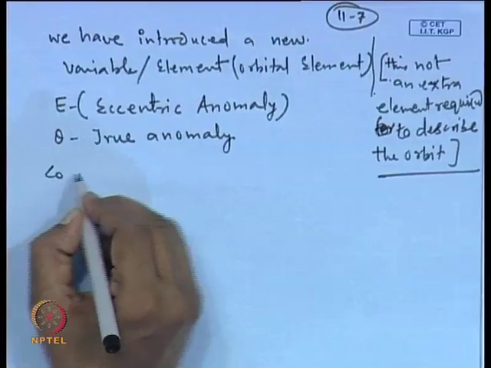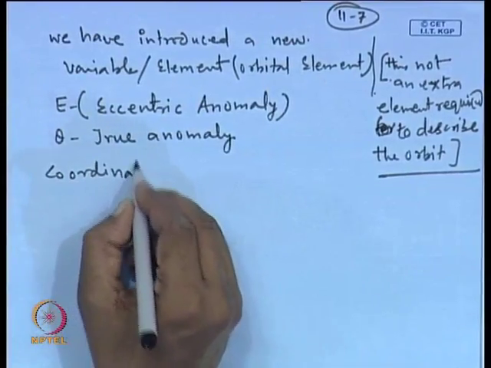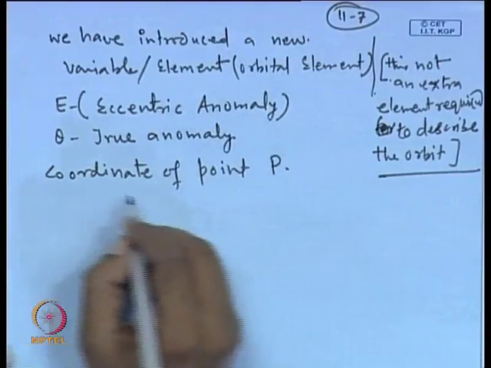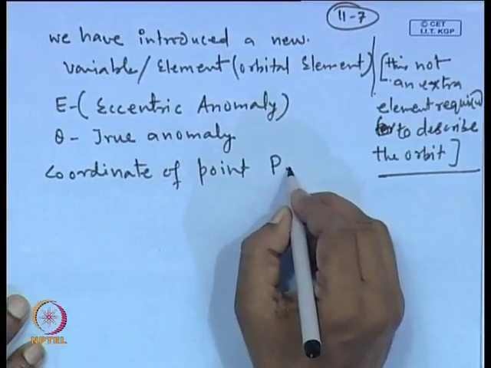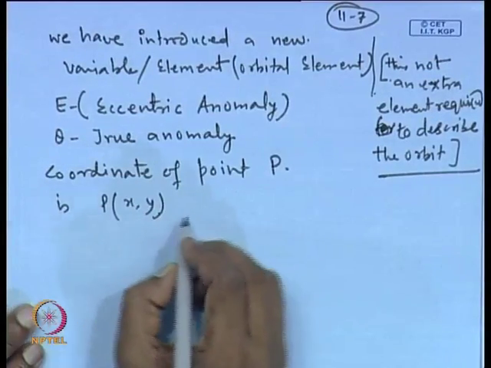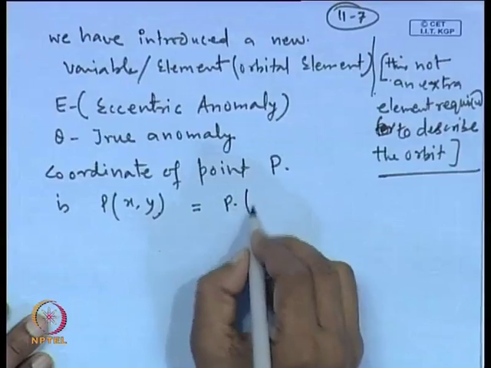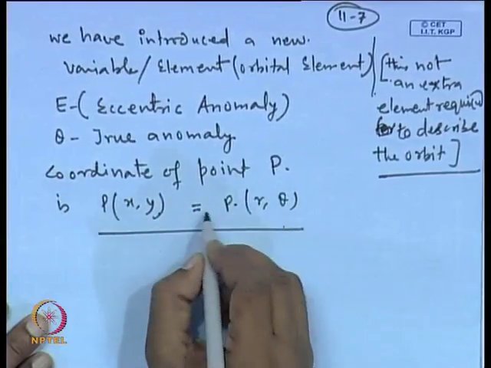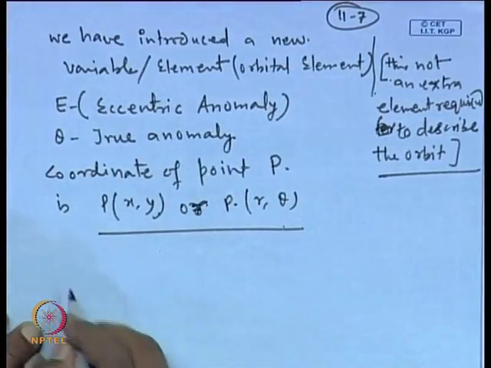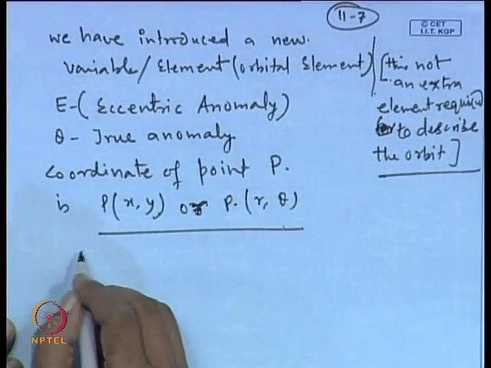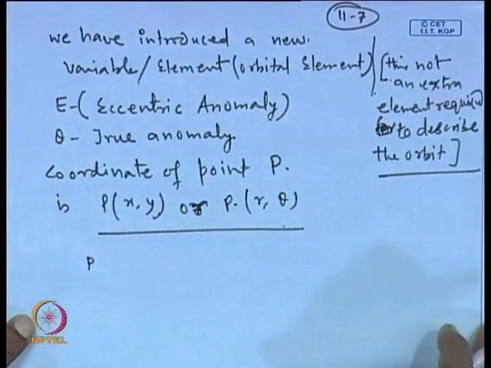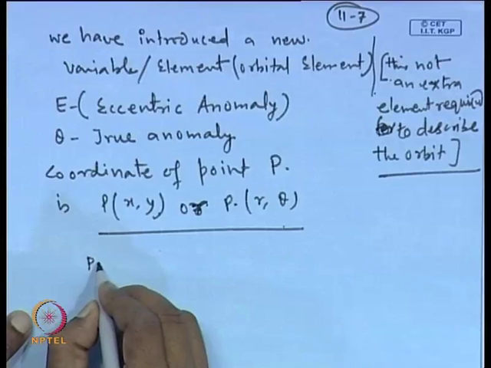So, the coordinate of point P is P x y, and this we can also write as P r theta. Now, from our geometry you can look into your earlier higher geometry book.